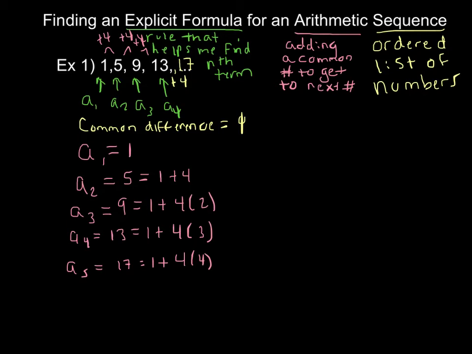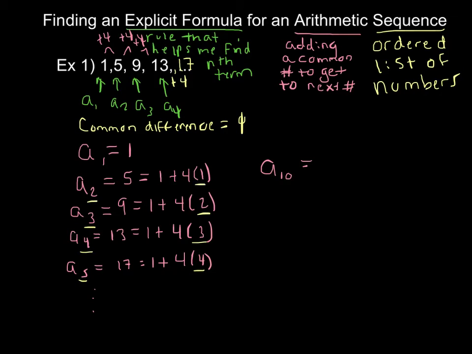So at this point, you may want to pause the video and see if you can figure out the pattern. By the way, to keep the pattern consistent, I'll write a 1 there. If you know what the pattern is at this point, you should be able to tell me what the 10th term is. If you're not sure, take a look at how the index is related to these numbers here.